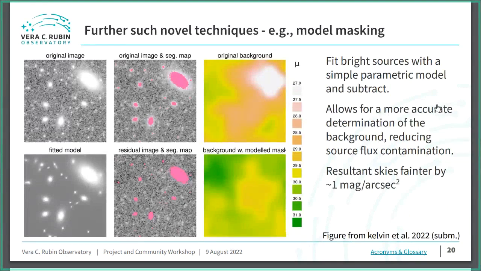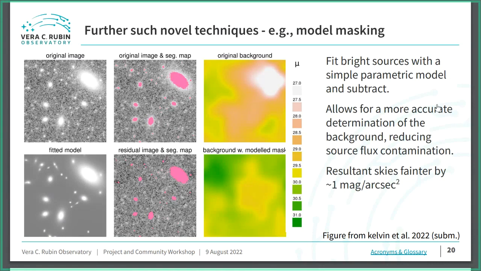Thank you. Okay, we're also always trying to consider new, novel techniques. Here's something I've been looking at recently with Tony Tyson, Imran Hassan, and others, trying to improve further the background that we subtract off. Here is an approach called modeled masking that we're advocating, which is essentially fitting bright extended sources with Sérsic functions, parametric functions, subtracting them off, and then using that residual map to construct a more accurate background map.